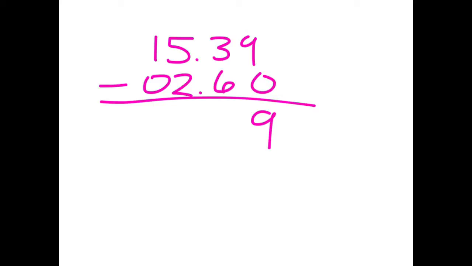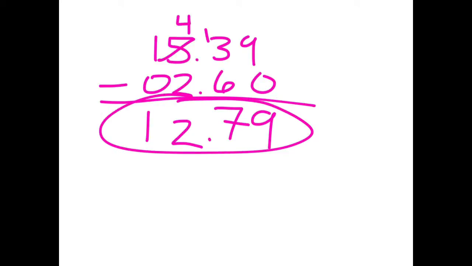You can't subtract 3 minus 6, so you have to cross out the 5 and make it a 4. Carry the 1, so 13 minus 6 is 7. 4 minus 2 is 2, and 1 minus 0 is 1. And don't forget to add your decimal point. So your final answer is 12.79, or 12 and 79/100ths.